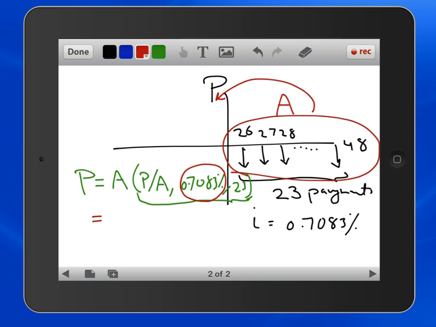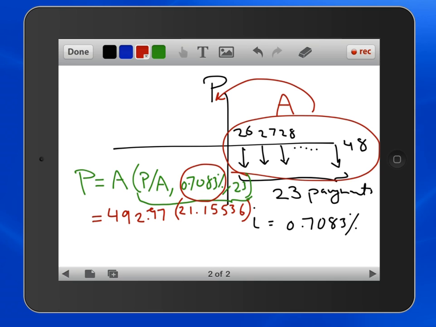So if you do that, and A is $492.97, multiplied by the factor, and the factor here is 21.1556.